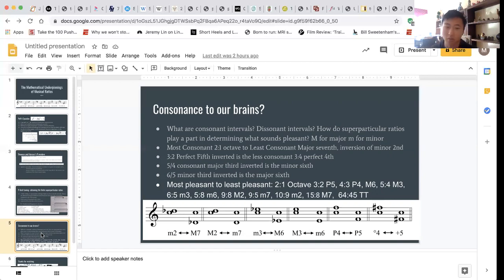The paper will talk about different tuning systems that exist that involve different sets of superparticular ratios, but all of the ratios are derived from Stormer's procedure.